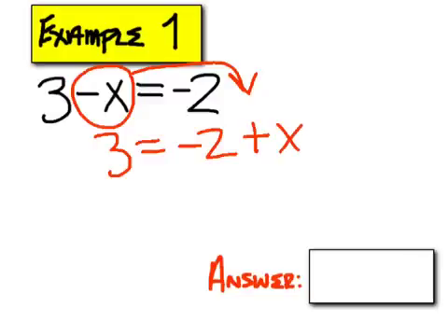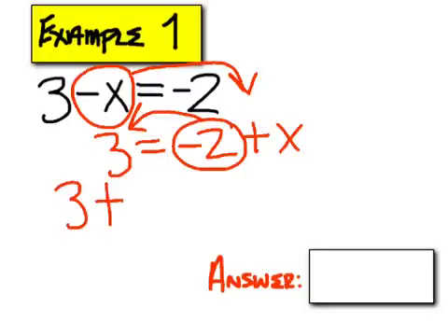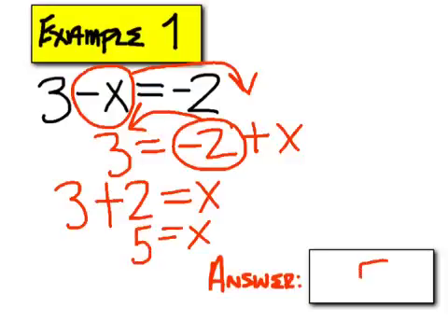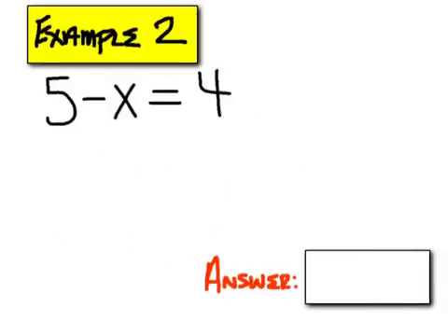I think you guys did this yesterday. So now we want to take our -2 and bring it to the left side. We want all our numbers on one side and our positive x on the other side. So that'll give us 3. When we bring our 2 to the other side, it makes it +2 is equal to x. So x is equal to 5. So our answer is 5.